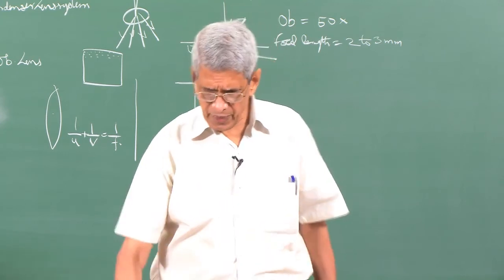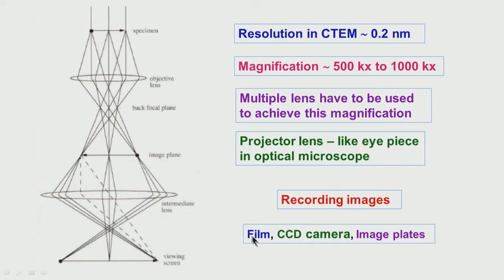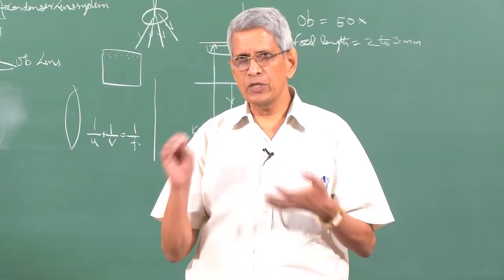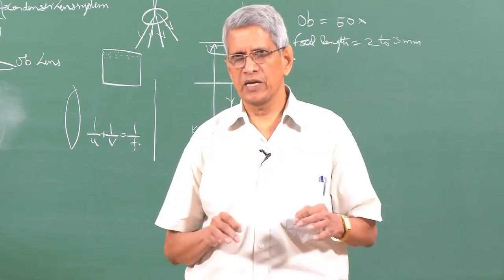Okay. And the advantage of the CCD camera and image plate over film is that in film, when it gets recorded, the intensity variations from region to region are on a logarithmic scale.